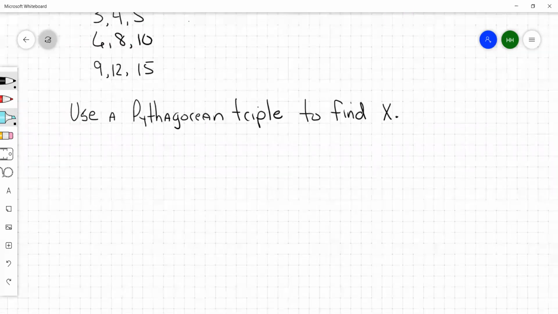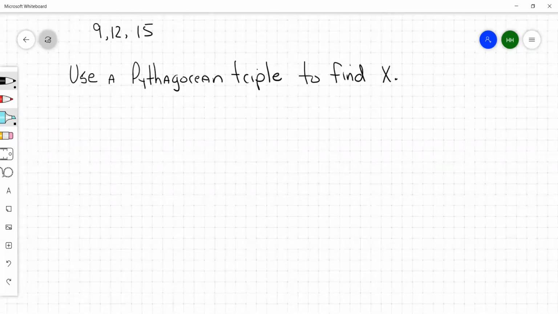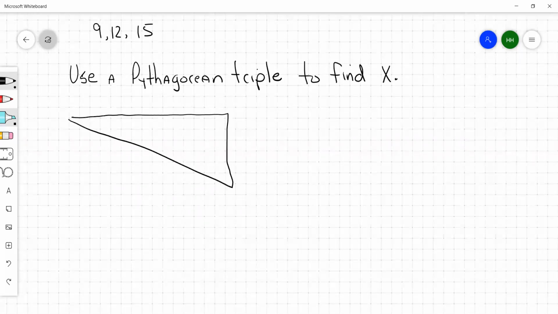Okay, so don't let it confuse you. If you're given a triangle and we're using a Pythagorean triple to find x, and we've got x and 48 and 20, you're just doing the same thing you've been doing.